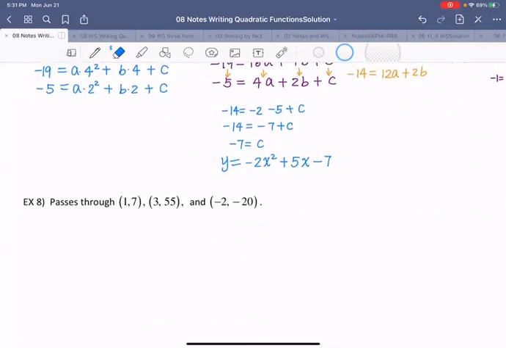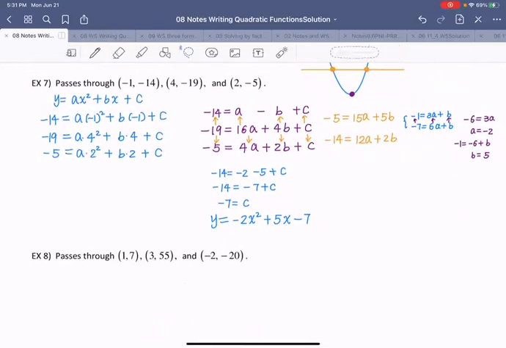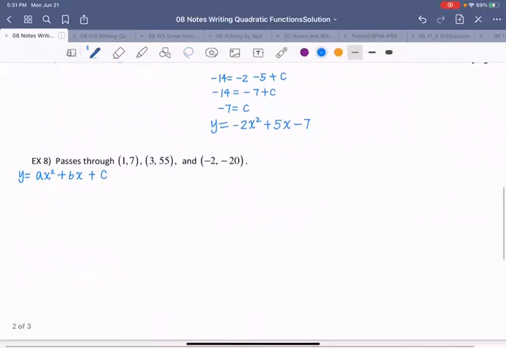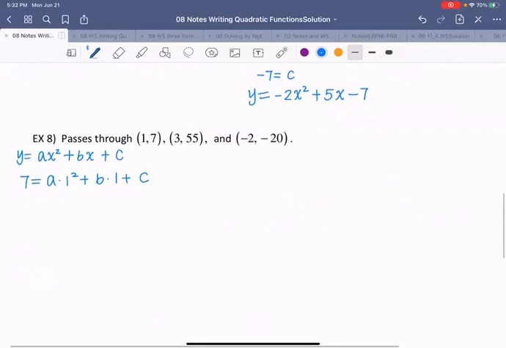So what we want to do, we want to go ahead using the standard format, correct? Yes. Go ahead, tell me what I do next. 7 is equal to a times 1 squared plus b times 1 plus c. Good. Next.